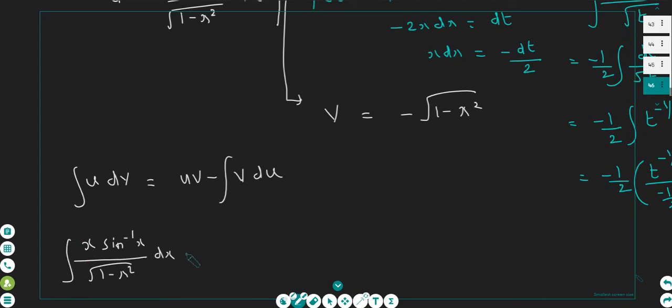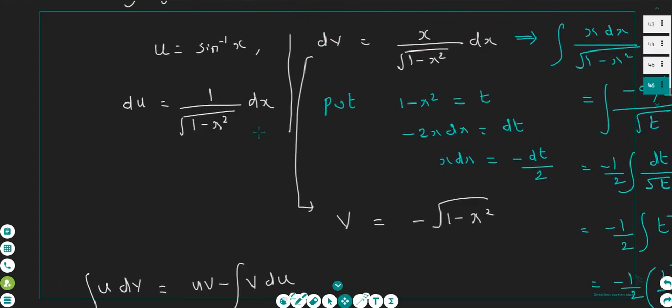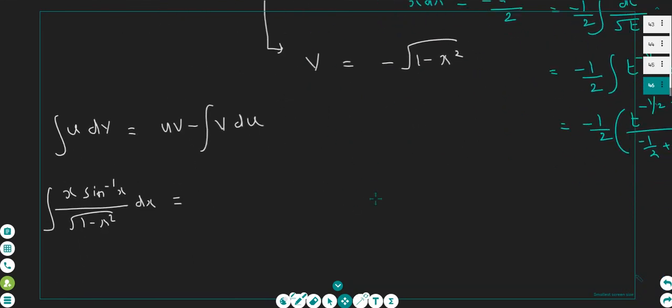It is equivalent to uv. Going back, u is sine inverse x and v is negative of root of 1 minus x squared. So I substitute as it is: sine inverse of x multiplied by negative of root of 1 minus x squared, minus integral of v du.